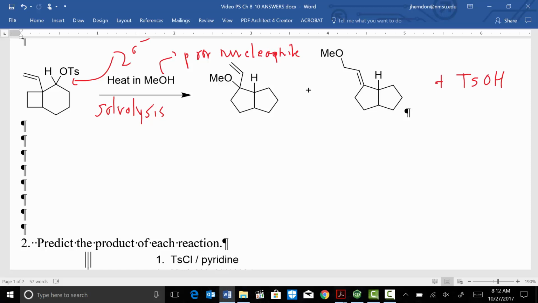Okay, so if we think about what's going on here, like in any SN1 reaction, the first thing we do is make the carbocation by just ejecting the tosylate group. And that gives us this carbocation. Notice that the ring sizes have changed, so there's obviously a 1,2 alkyl shift going on here.